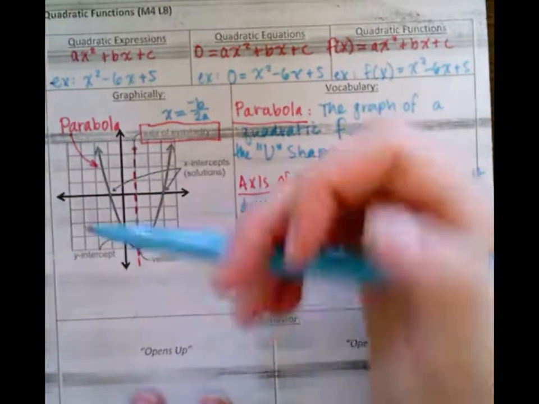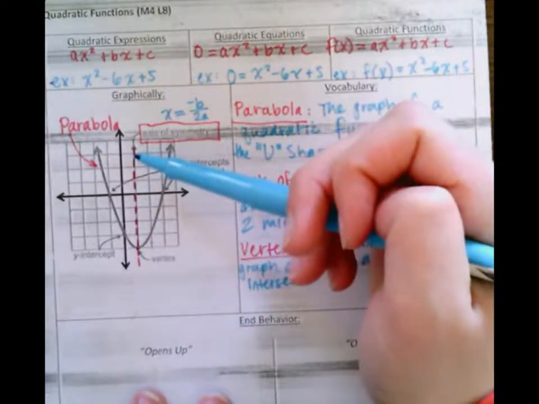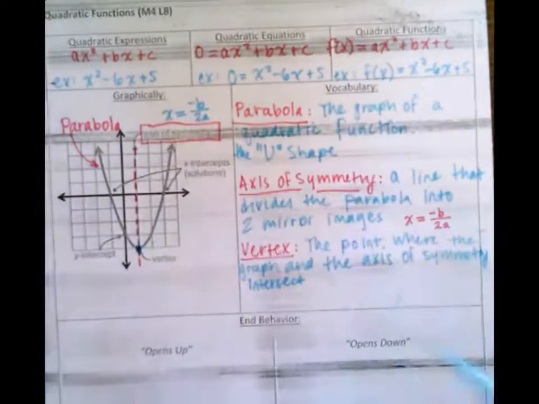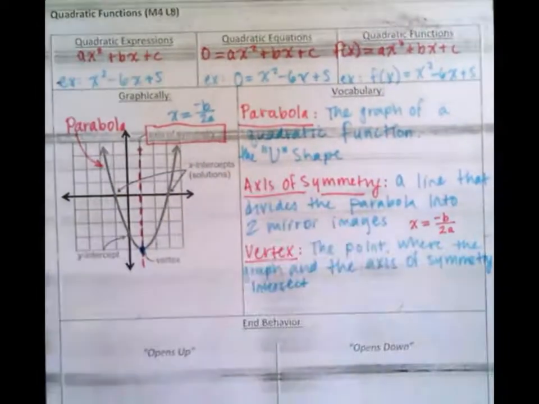If you notice, we have our axis of symmetry and it is splitting the graph straight in half, so there's one point at which it's going to cross our graph, and that is at the vertex.